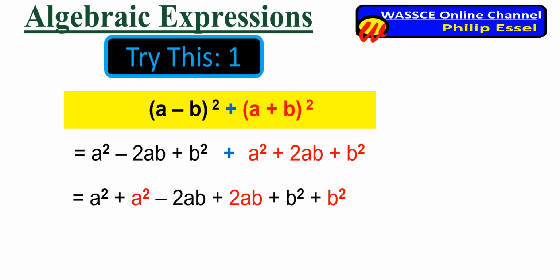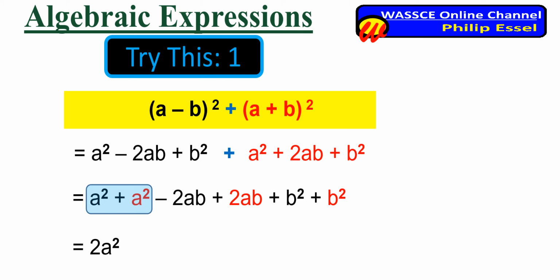So at this point, we'll be adding our like terms. First we'll take the like terms a squared plus a squared. That would give us 2a squared. So let's write 2a squared.